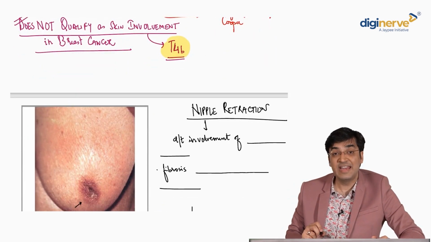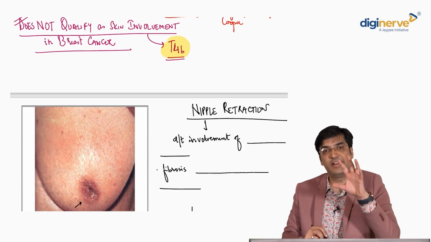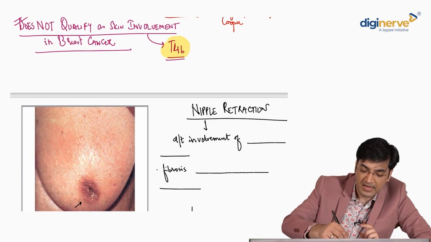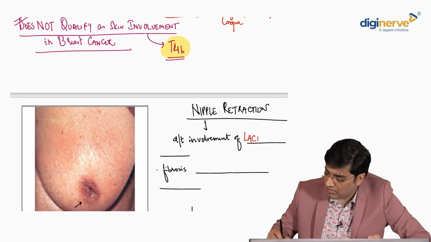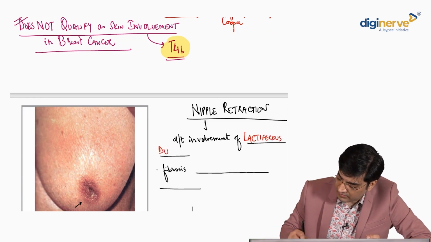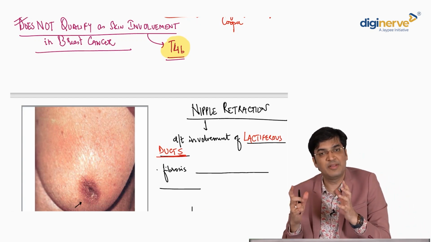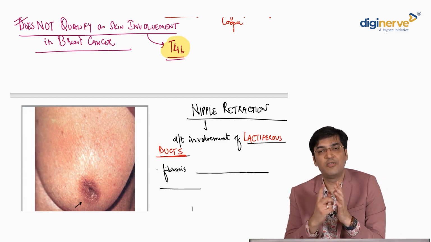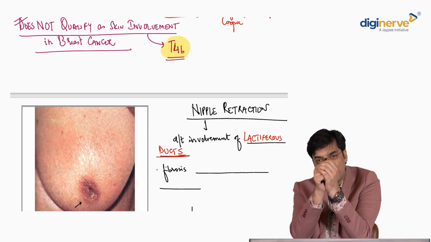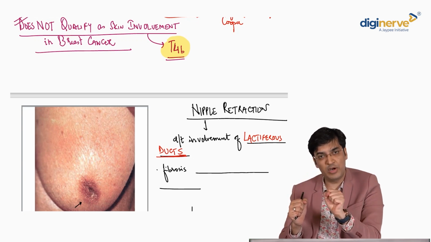Alright, now moving on, the next important finding is nipple retraction. Retraction always happens in the nipple, not in the skin surrounding it. Nipple retraction is due to involvement of the lactiferous ducts. What happens here is that there is fibrosis around the lactiferous ducts inside as well as around, so it is going to cause a pull or stretch onto the nipple, and the nipple is going to be pulled inside.